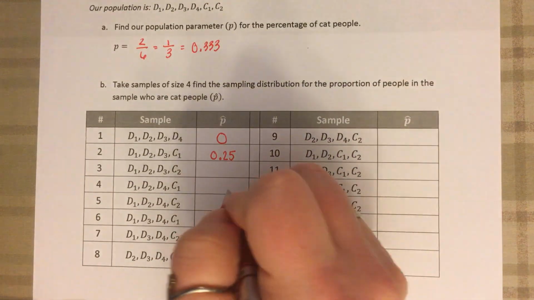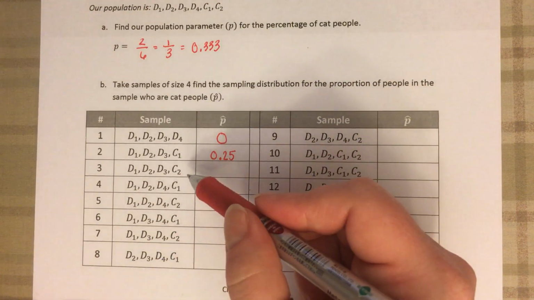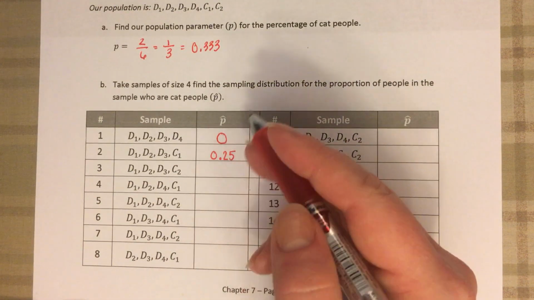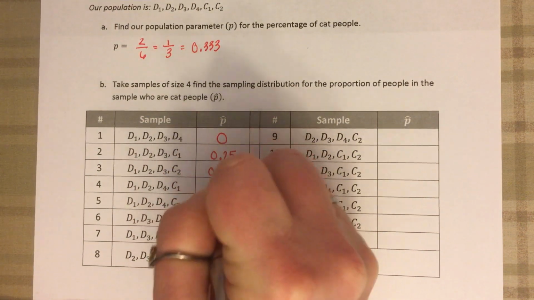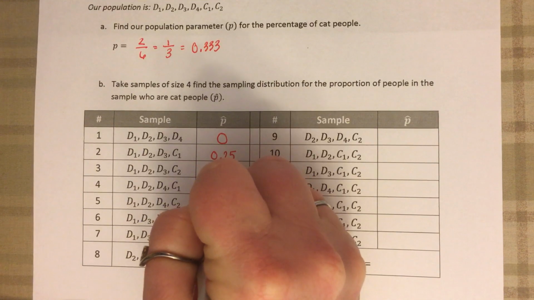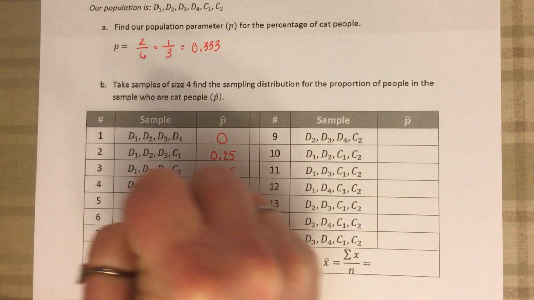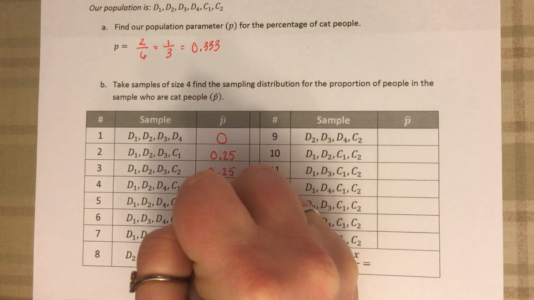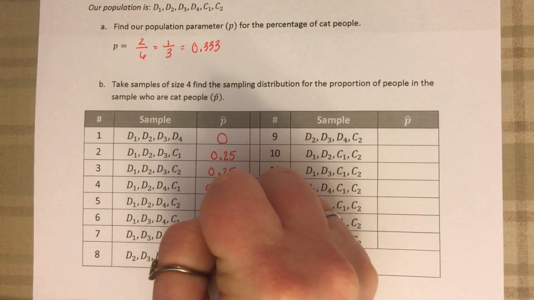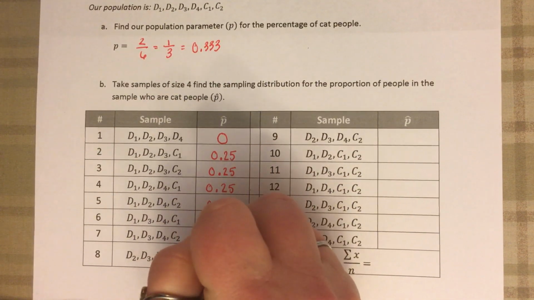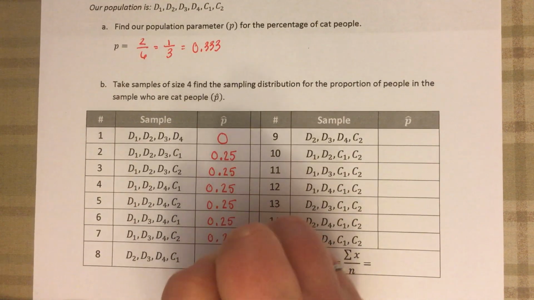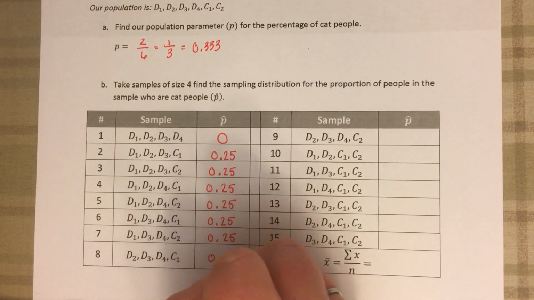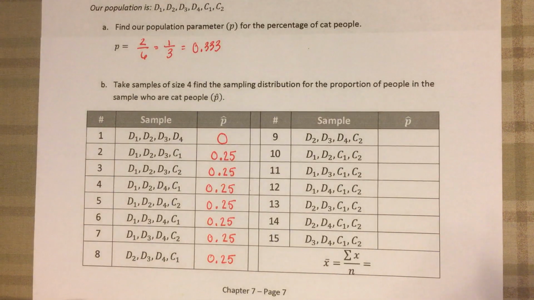Our next sample also has 1 cat person, so also 0.25. If we continue down this column, each of these samples has exactly 1 cat person, so all of these are 1 out of 4. All of these have a sample proportion, a P hat value, of 0.25.